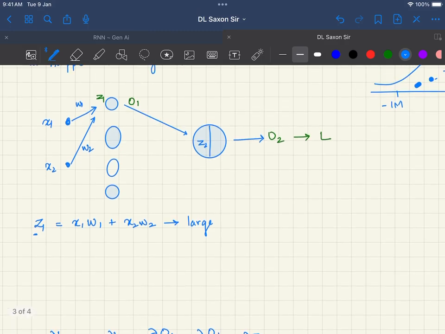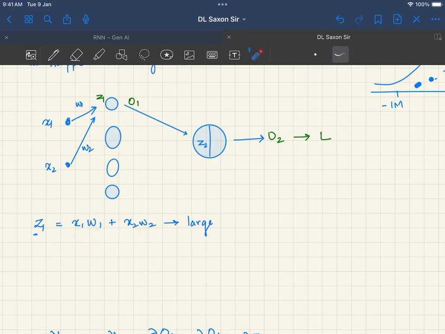What happens? Let's see. Let's send two inputs x1 and x2. Those are normalized, those are normal values, no issue. But these weights are the real trouble. They are very huge. So these values lie between 0 and 1, and these weights are in the magnitudes of 1 million.